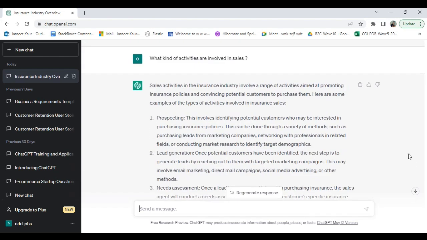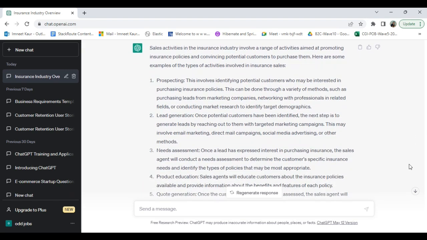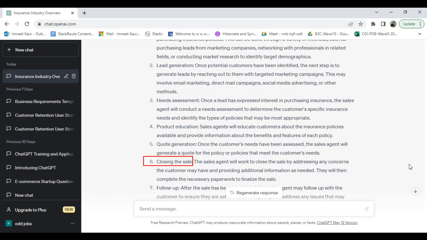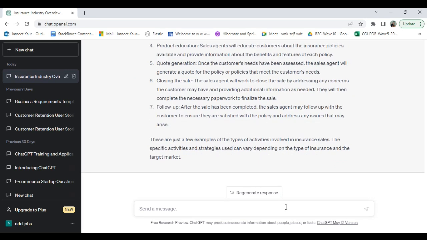So again, if you look at the answer, it has given us some examples of the type of activities which are involved in insurance sales, starting from prospecting, then lead generation, needs assessment, product education, closing the sale, and so on. But the answers are very short.